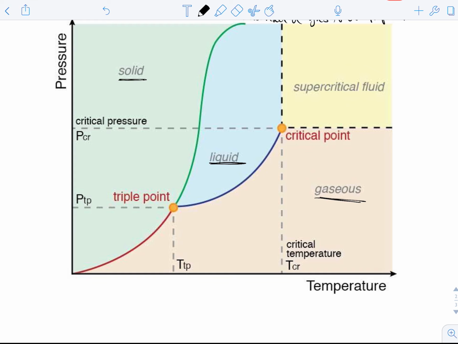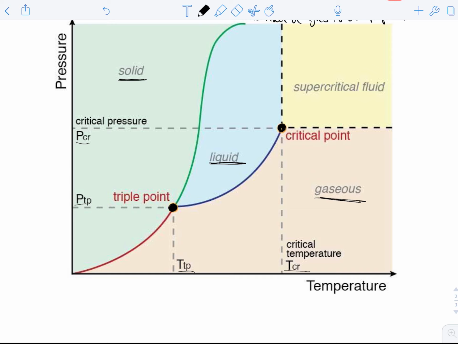Okay, so here is our triple point right here. Here we have our gas, liquid, and solid all in equilibrium. We have the temperature and pressure associated with that triple point. And then we have our critical point with the associated critical pressure and critical temperature.